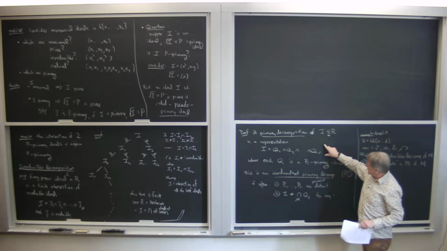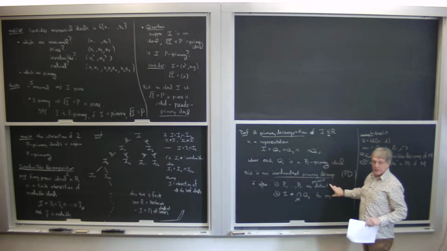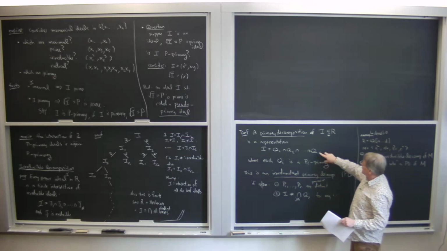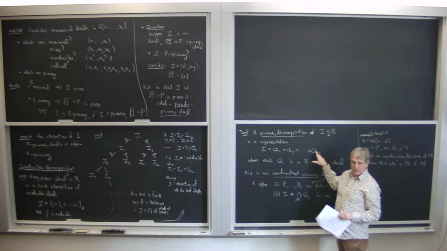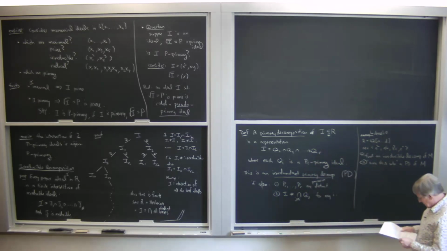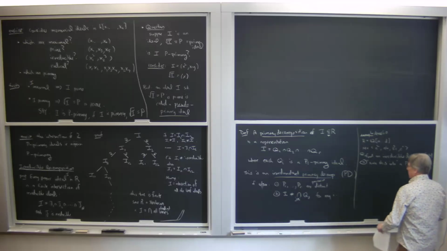And then the only thing is, can you really go from here to an irredundant one? That's the exercise, just to make sure that all that stuff is okay. So in fact, we will have that every ideal has a primary decomposition, which is already a pretty cool thing.